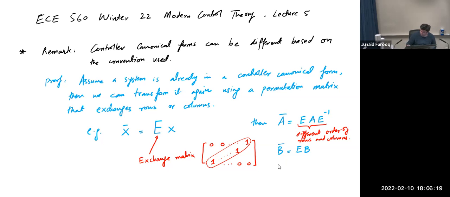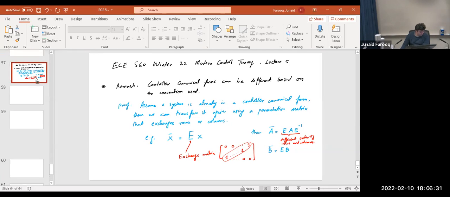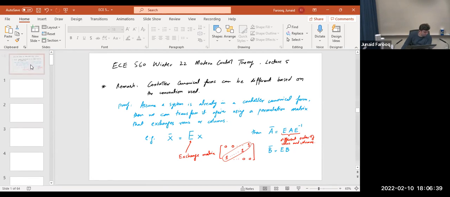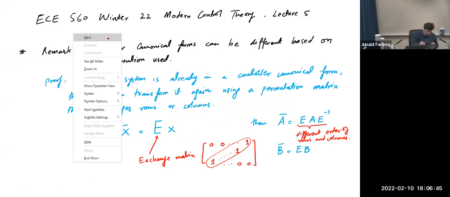In our previous lecture, we used the convention where the last row has the elements of the characteristic polynomial.